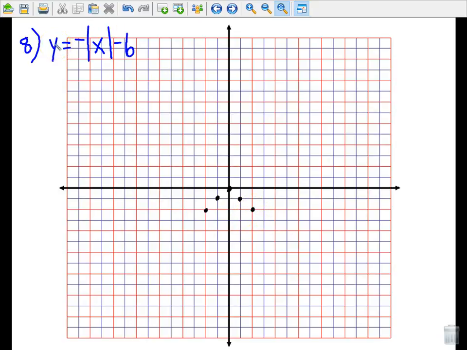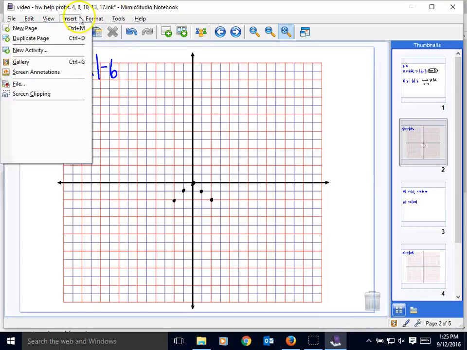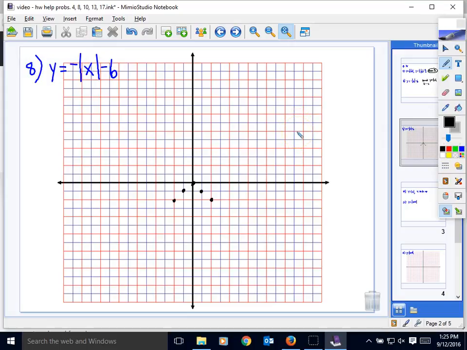Let's get some color with this so we can differentiate. Here's the parent, and this says to shift all the points on the parent 6 units down. Remember, k indicates a vertical shift. And since it's negative, that means we're going down with all the points.